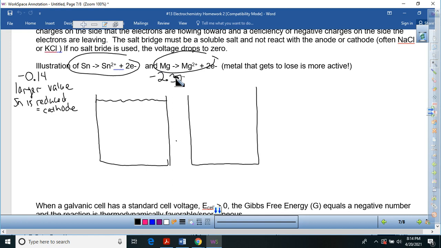Okay, the magnesium has a much lower reduction potential, and that means it doesn't have a good potential to be reduced. So therefore, the magnesium must be oxidized. And oxidation occurs at the anode.